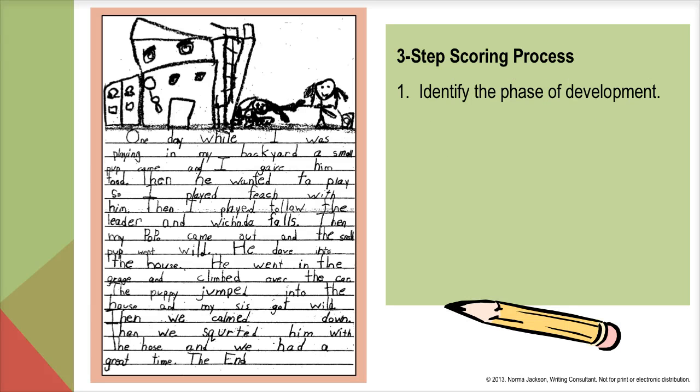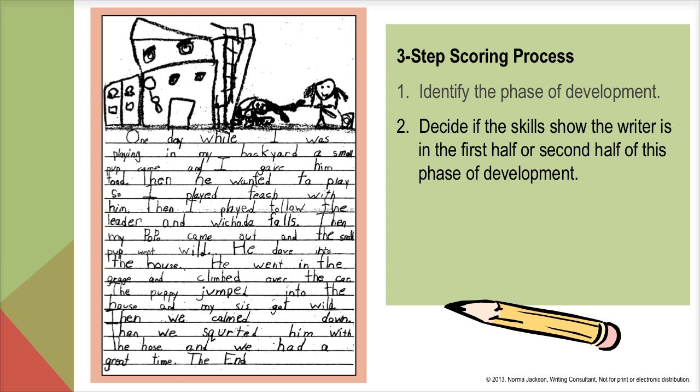First, quickly identify the overall phase of development. If you need a refresher, use the key words you underlined on the rubric. Then, thinking about the skill sets students must learn at that phase of development, decide whether the writer is in the first or last half of that phase.